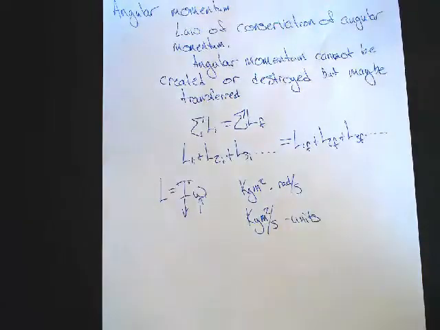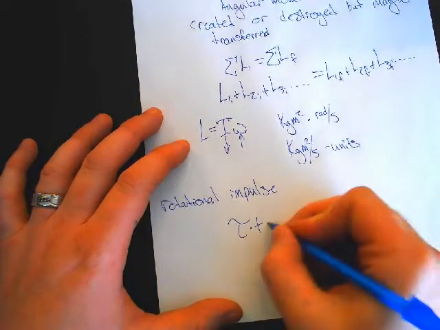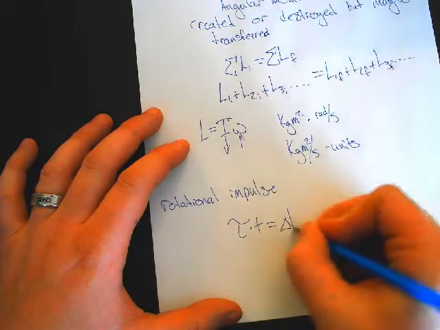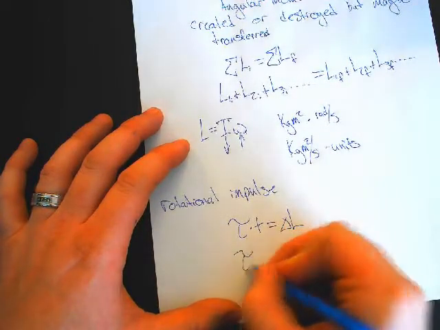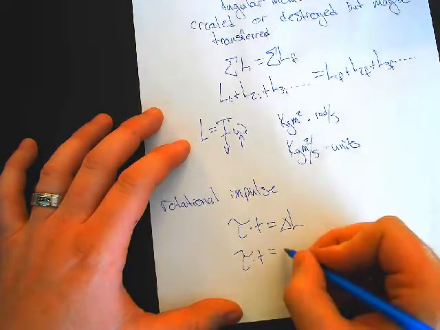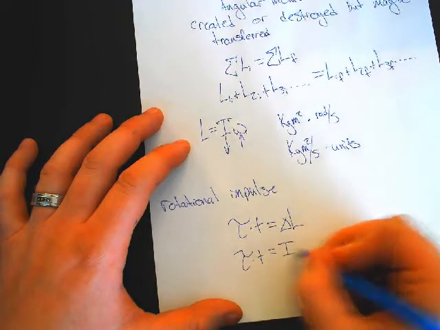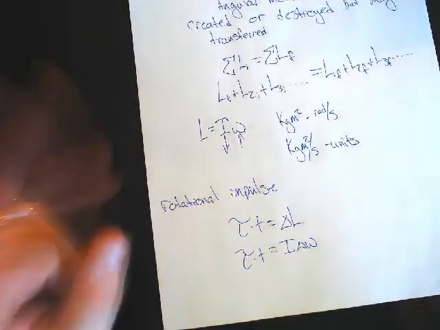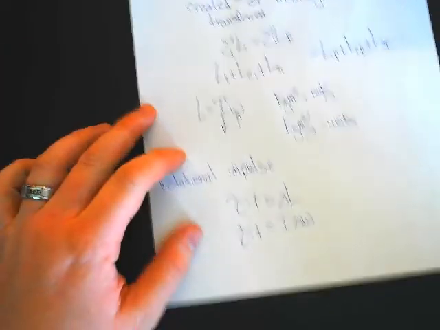Okay. All right. So that is equal to a change in angular momentum, or torque times t is equal to I delta omega, depending on which object is changed.